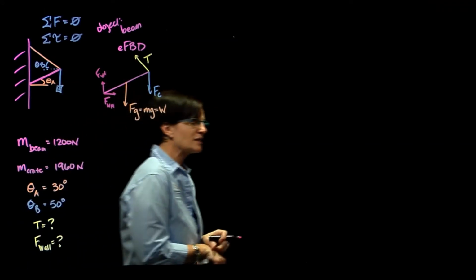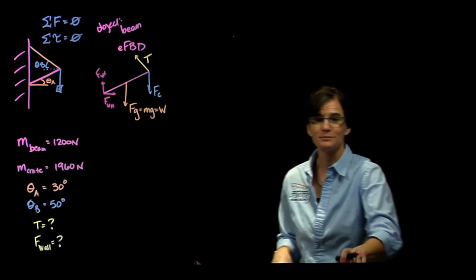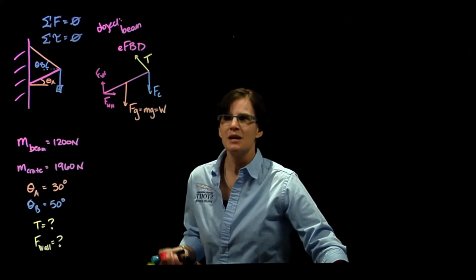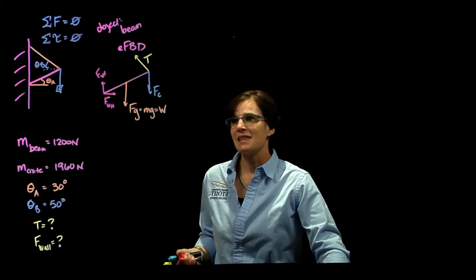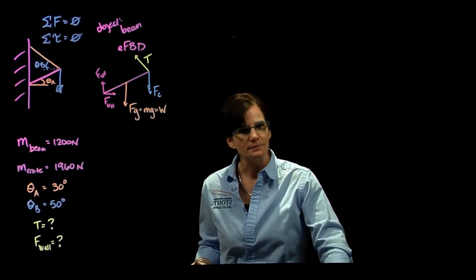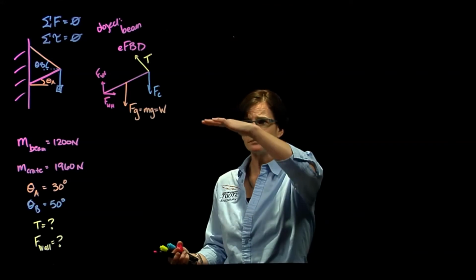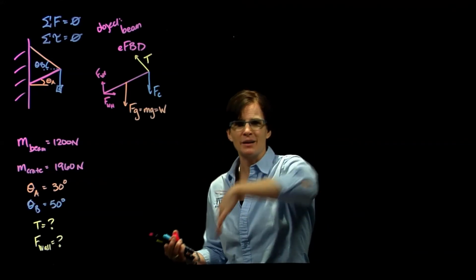Now, how do I know it's to the right and up? Well, I'm making a guess, but it's an intelligent guess. The way to make that guess is to think about what would happen if the wall wasn't there. So if I suddenly removed the wall, what would the beam do? Well, it would slip down and it would swing in.